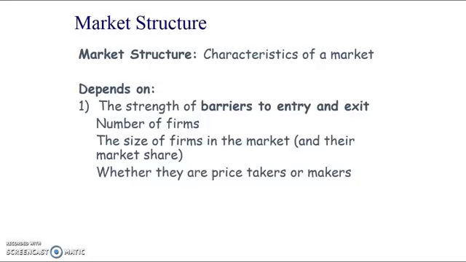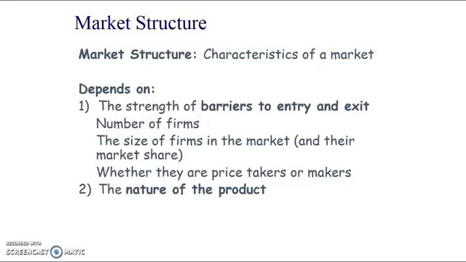It's also going to determine whether those firms in the market are price takers or price makers, because if you remember from that presentation, price takers were the firms that were very small in the market. They had a very small market share, and that meant that they just had to accept the market price given to them, whereas firms who had a large market share were more likely to be price makers.